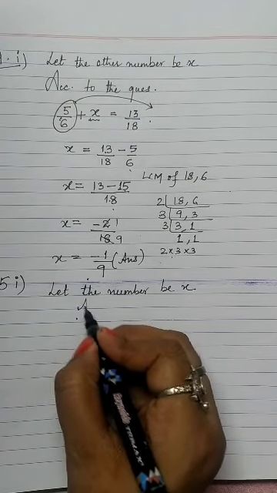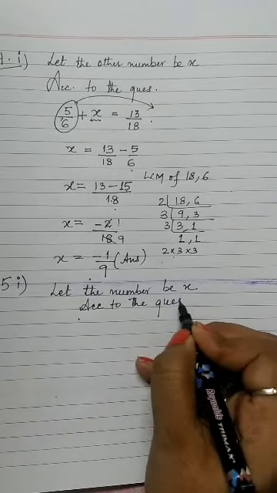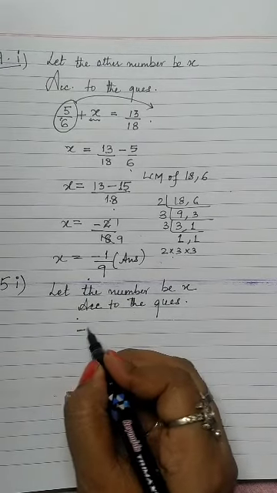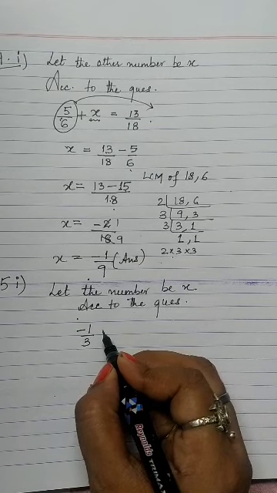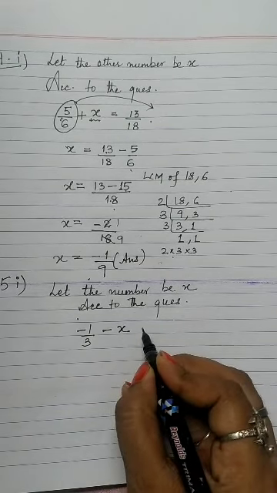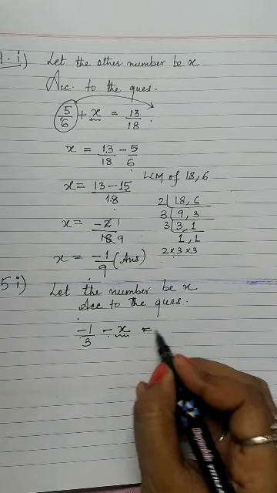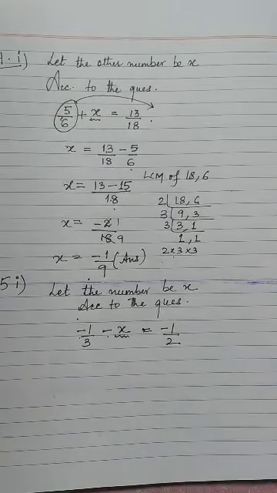According to the question, minus 1 by 3, x is subtracted from this, will give you minus 1 by 2 as the resultant.